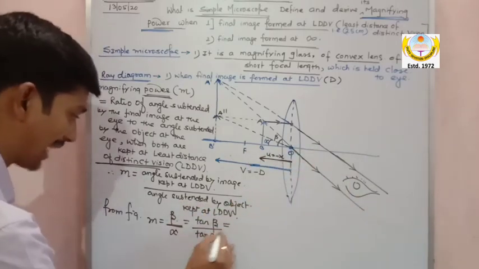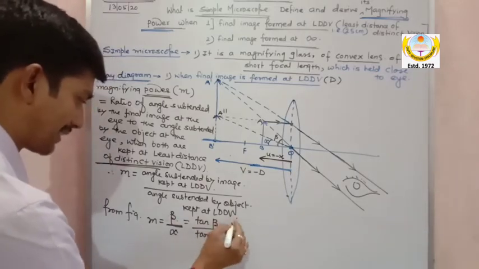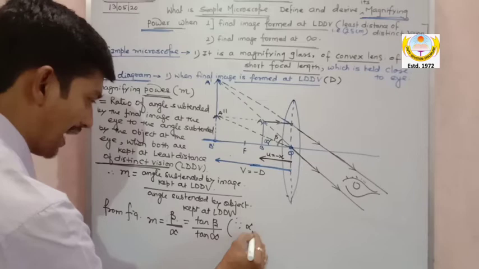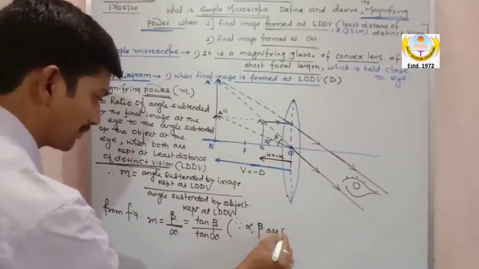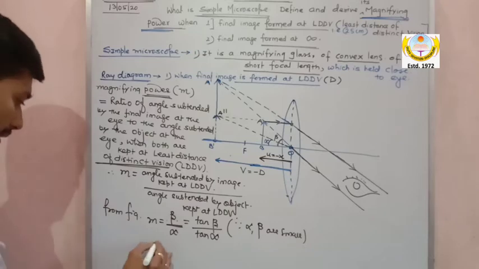So now here it is tan beta by tan alpha, and since alpha and beta are small, we can write it this way. Therefore m is equal to tan beta.